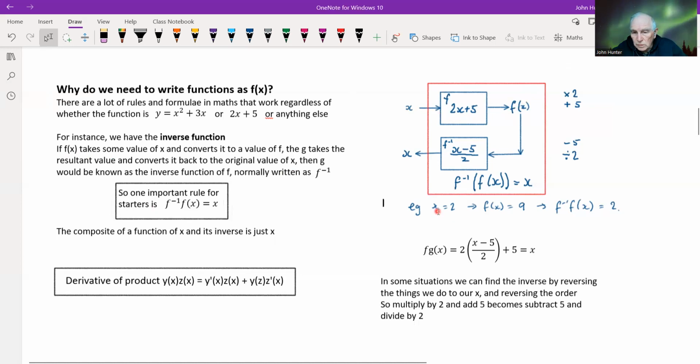So if x equals 2, we've got 2 going in, and we get 9 out at this stage. Then we put 9 into this: 9 minus 5 over 2 is going to be 2. So we've applied our function and then our inverse function, and we get back to where we started.